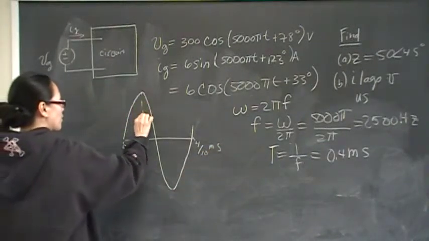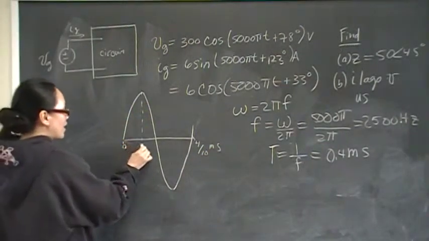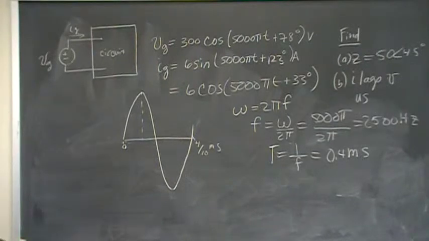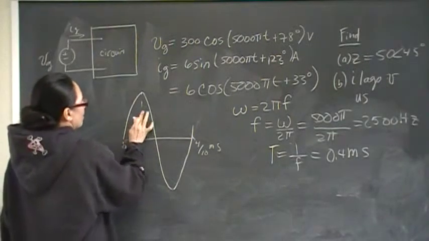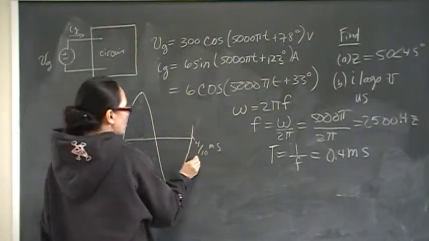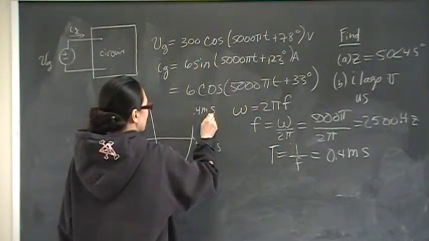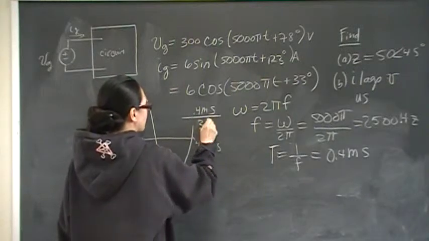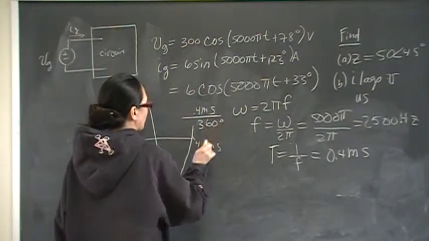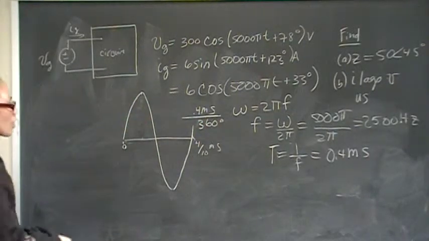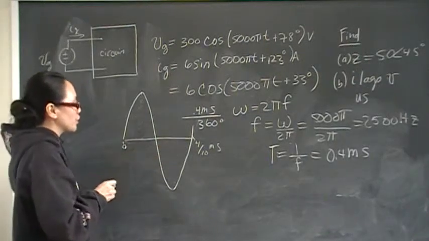So we have 0.4 milliseconds per 360 degrees, but we are only interested in 45 degrees worth of that.